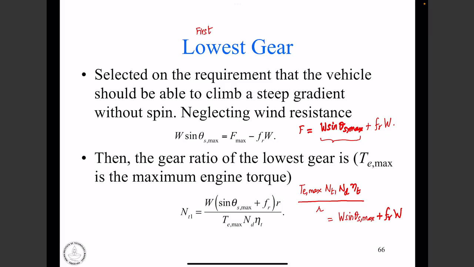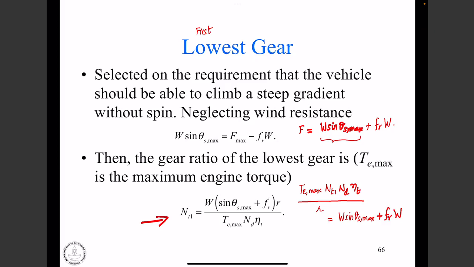If we rearrange the terms, we get an equation for NT1. I hope it is clear how we got this particular equation. We used the gradability requirement for getting an expression for NT1, and we used the maximum speed criterion to get an equation for NTN.